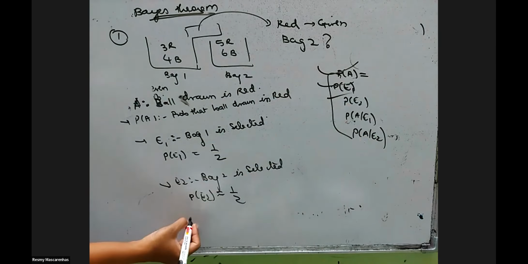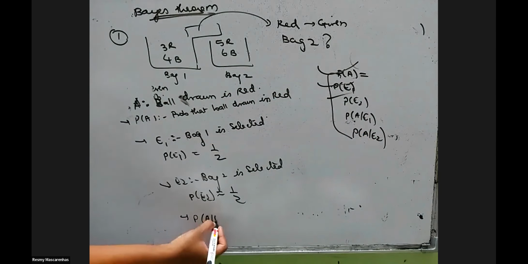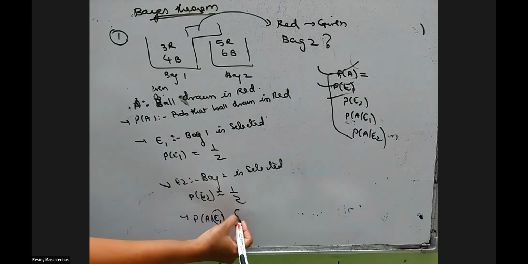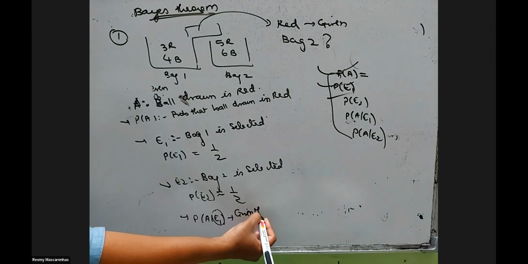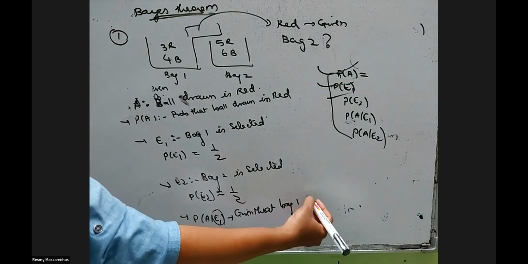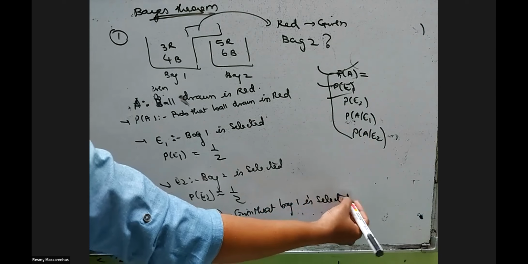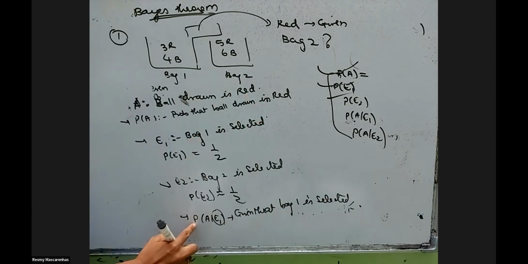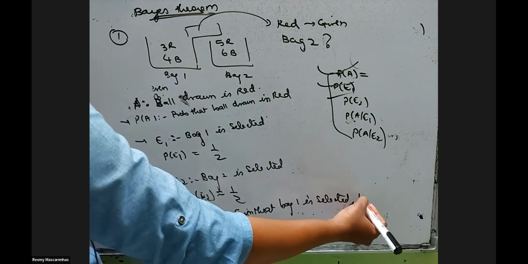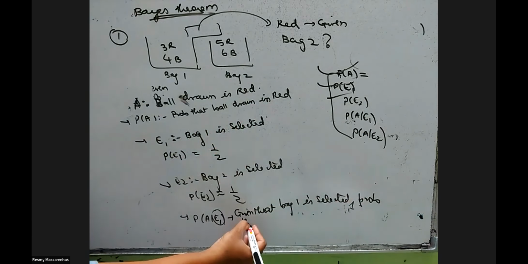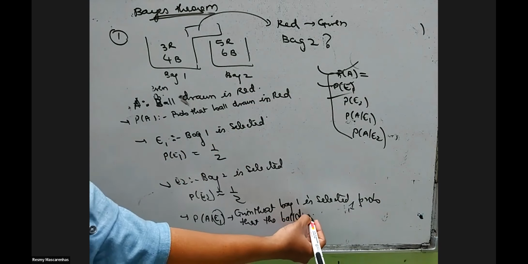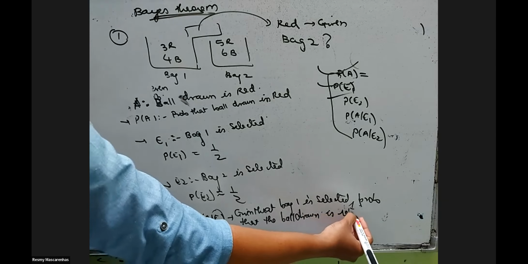Now this, P of A upon E. Read it now. This I told you, always start here. Given that bag 1 is selected, P of A means the probability that the ball drawn is red.